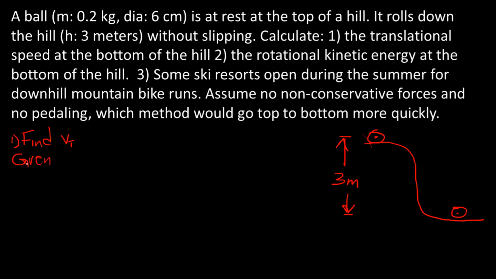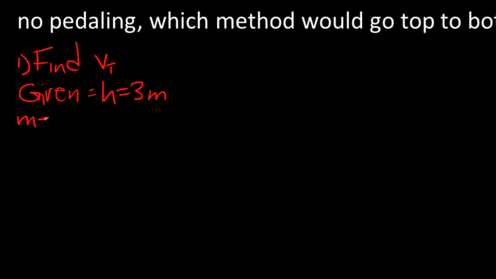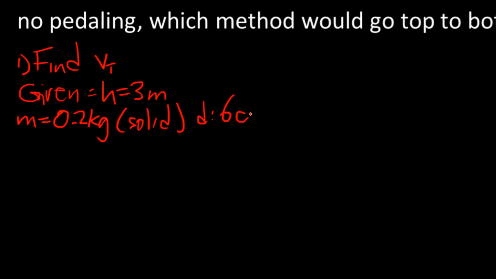What am I given? I'm given that the height of the hill is 3 meters. The mass of the ball is 0.2 kilograms, and I'll assume it's a solid ball, so it's a solid sphere. The diameter of the ball is 6 centimeters.